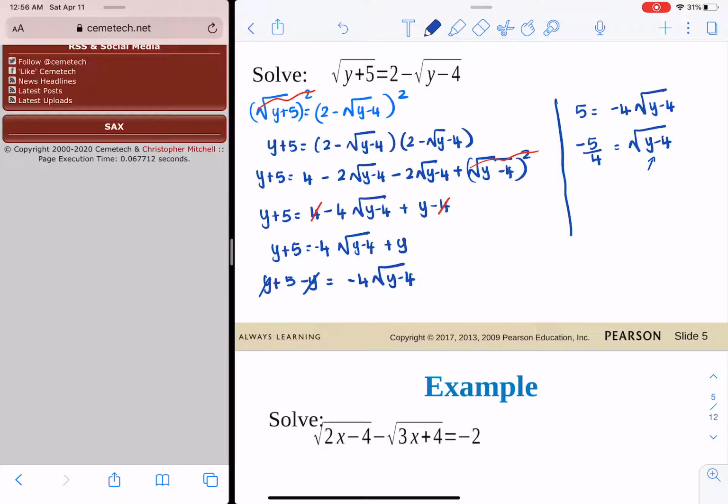So the domain is y greater than or equal to 4. And no matter what you put in there, we are not going to get a negative number. So since we're not going to get a negative number, this one has no solution.